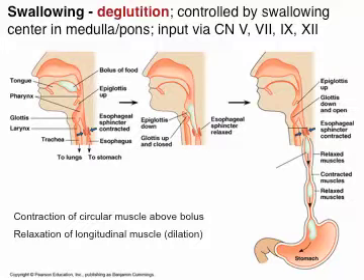On the right-hand side of the cartoon, when the bolus has moved into the esophagus, the epiglottis goes back up, and the esophageal sphincter contracts. The bolus then moves along the esophagus by relaxing and contracting both the longitudinal and circular smooth muscle cells of the muscularis externa. I think that's it.